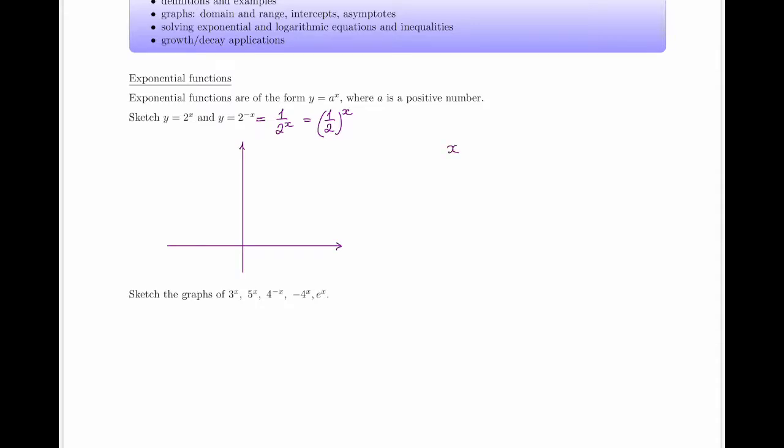I'm going to have values that I choose for x, values for the y coordinates of the function 2 to the power x, and also values for the y coordinates of the function 2 to the negative x, written in one of these alternative forms, whichever way you prefer to calculate it.